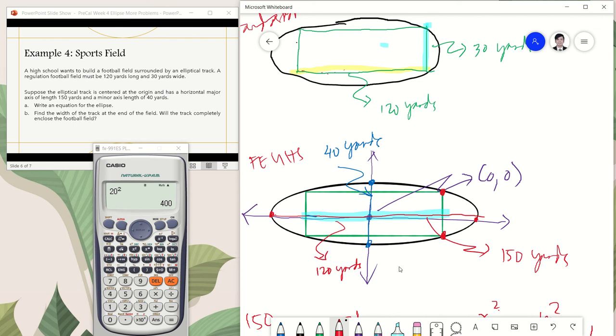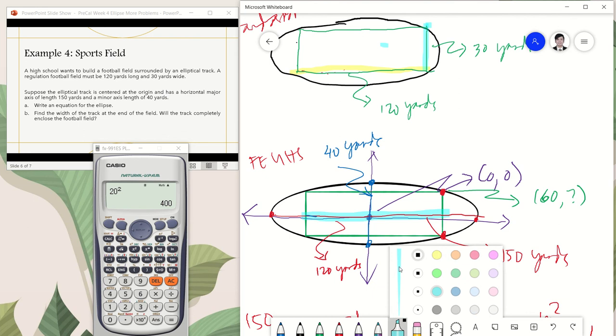And then, kung titingnan natin yung half naman ng ating 120 yards, that would be 60. So, ibig sabihin, yung coordinate dito is 60 and then 0. And then, hindi pa natin alam. Pero, yung hindi natin alam dito is actually a representation of the height from here to here only.